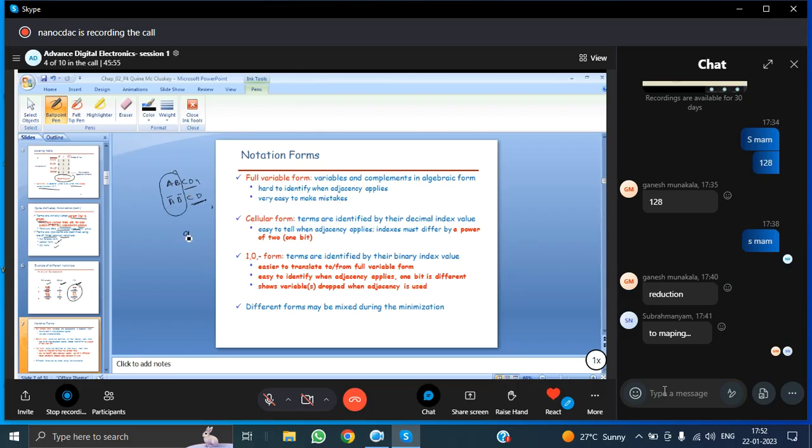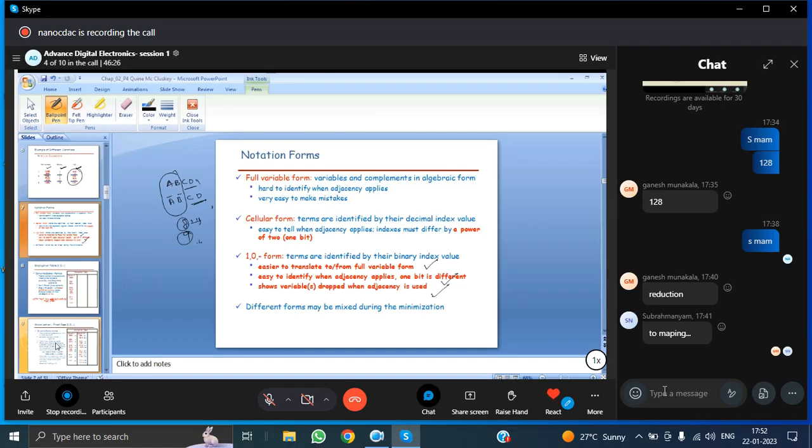If we have 8 and 9, it is difficult to identify how much similarity and how much difference there is. That's why in 1-0 form, terms are identified by the binary index value. This is the one I will prefer, because it is easier to translate and easier to identify. It shows the variables dropped when adjacency is used.